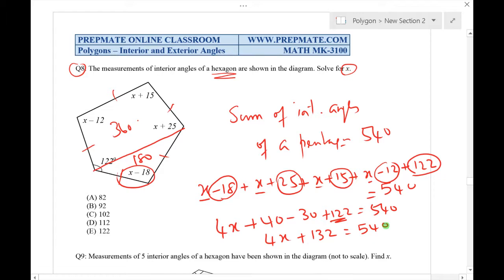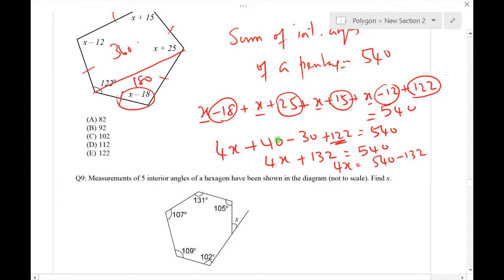I'm writing a few steps, but you really don't have to do that because you need to save time in the test. And therefore, 4x is going to be 540 minus 132. You subtract 132 from both sides. When we do algebra, I'm going to teach you some nice techniques of how to solve equations so efficiently, effortlessly. You will love that.